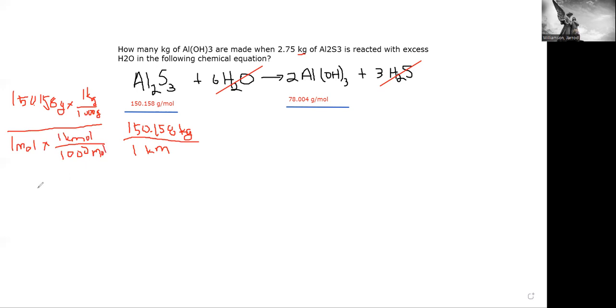When I do that, the thousands cancel out, as do the moles and the grams. So 150.158 grams per mole is the same thing as 150.158 kilograms per kilomole. It's also the same as 150.158 centigrams per centimole; it's like the prefixes cancel out with each other.